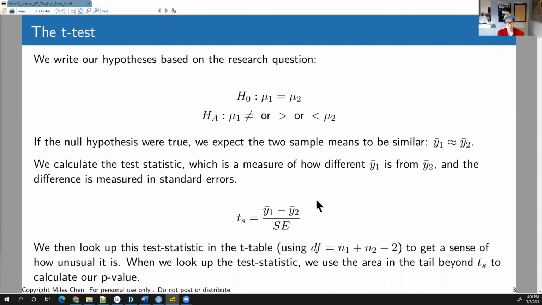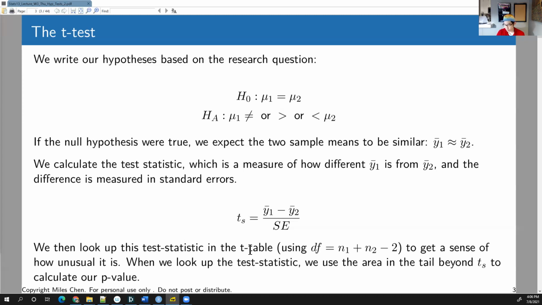So it's kind of like a z-score, but this time we take that difference and divide by the standard error. The formula for the standard error is a little bit more involved than just the standard deviation. Once we do that, we look up this test statistic in the t-table using degrees of freedom n1 plus n2 minus 2 as an approximation to get a sense of how unusual this difference is.